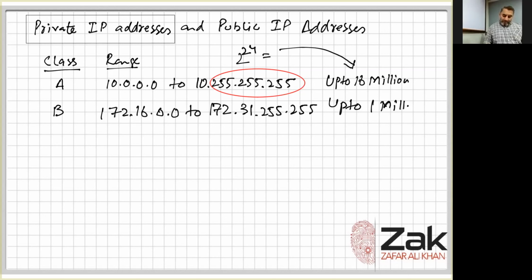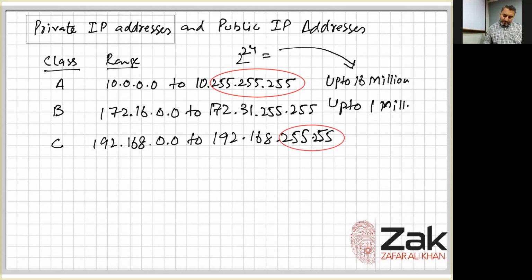And then we have class C that we mostly use, that is from 192.168. That is what we use at our home mostly, or allocated by a router to our devices. If you happen to check your IP addresses, then you will find that mostly you have got these IP addresses.